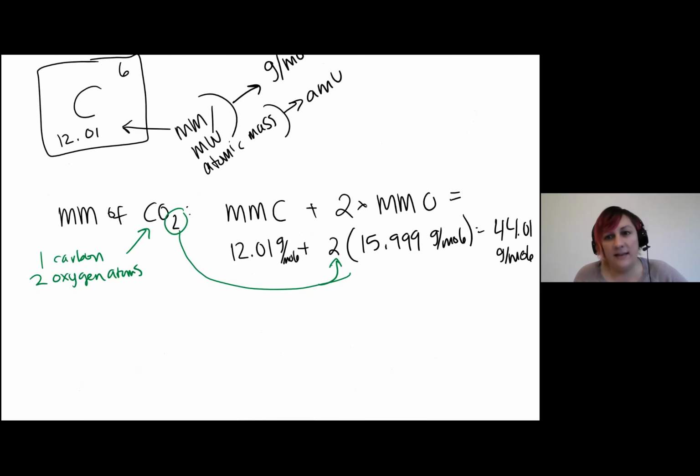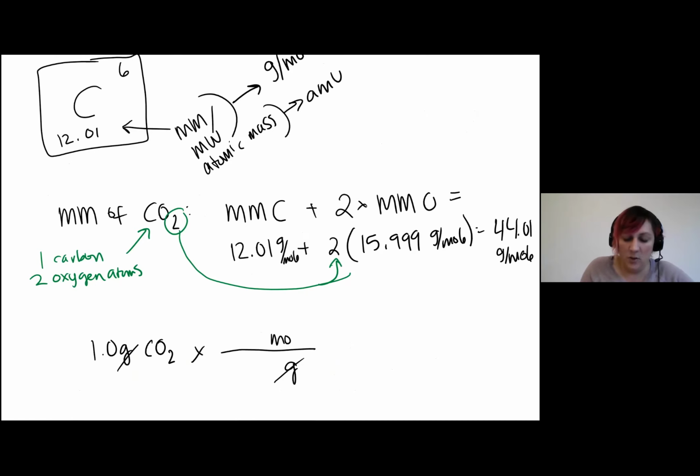And I can use that then to take a mass of something and convert it into a number, the counting number in moles. So if I have 1.0 gram of CO2, I can tell you how many CO2 molecules I actually have. And I can do that by multiplying this. So I have grams on the bottom, so our grams will cancel out, going back to dimensional analysis, and moles on the top.